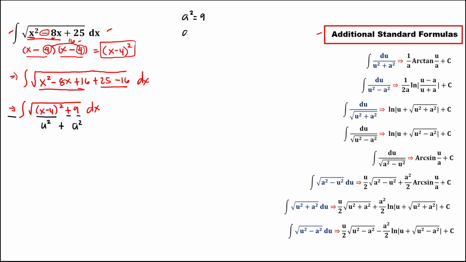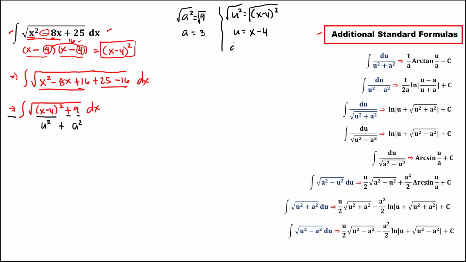And to solve for a, just take the square root. So a is equal to 3. Then u squared is equal to the quantity of x minus 4 to the power 2. And to solve for u, just take the square root. Therefore u is equal to x minus 4.